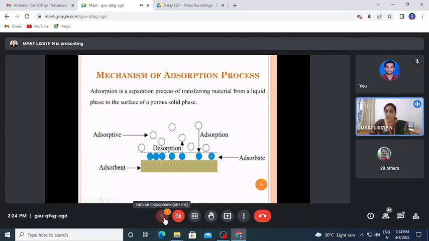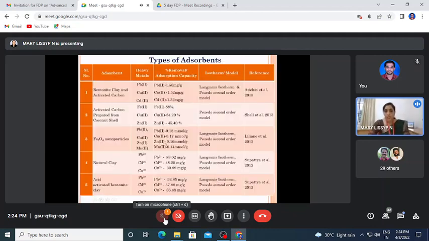But there is a chance of a double layer also, multi-layer formation can also take place. So in our process, or if you are doing some research study or experimental study, we should know whether it is a monolayer adsorption or a multi-layer adsorption. Okay, or is there any other reason for the adsorption that has taken place? So for that, we have to do the isotherm study. At the same time, we have to do the model study also.